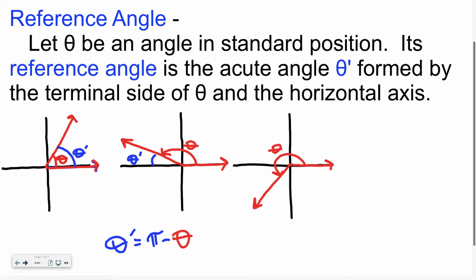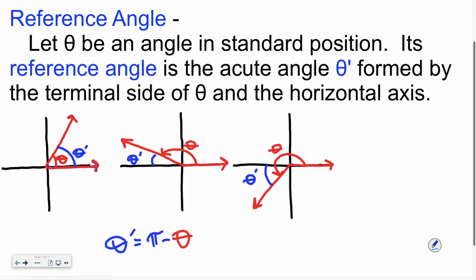Okay. And here's where we need to be careful. We always want to go back to the horizontal axis. That's how we get our right triangles drawn, so that the opposite and adjacent sides are where they need to be for our trig ratios. So if we were to go back to the horizontal axis, we're talking about this acute angle right here.